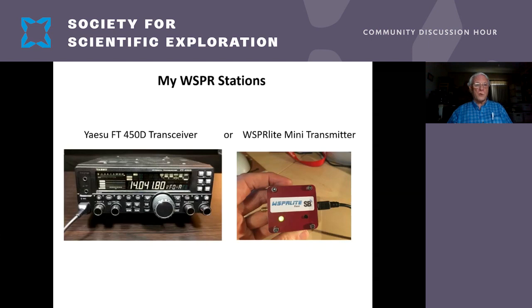So you don't need the big elaborate transceiver. And as I'll show you, in order to receive, you don't need a ham license at all. And to use the internet site, you don't even have to know anything about radio, as long as you have some idea of what you want to analyze. But this is what I'm using right now. And mine, in fact, is running right here on the laptop computer at the same time as I'm doing this PowerPoint.